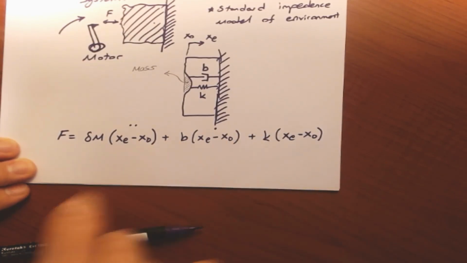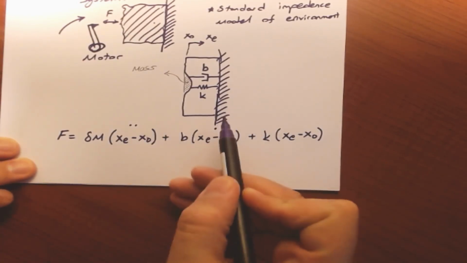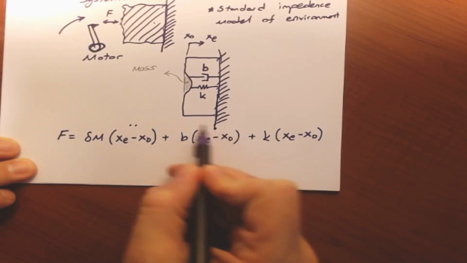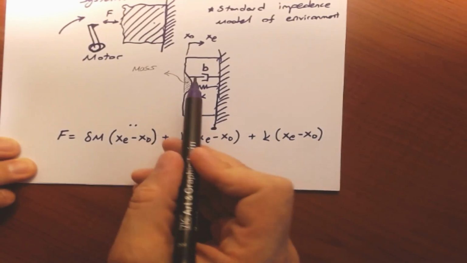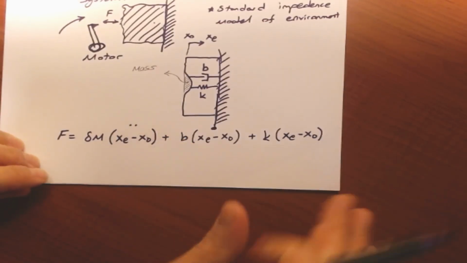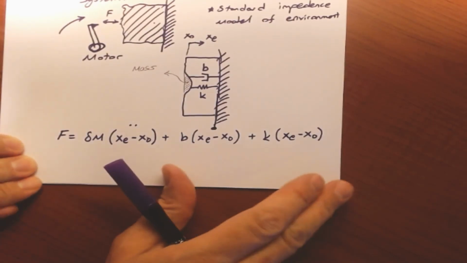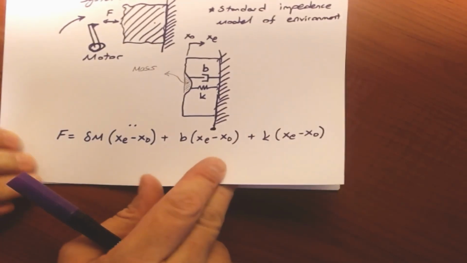But not all environments consist of pure springs; some of them include damping, which is the property of the environment that loses a certain amount of energy.